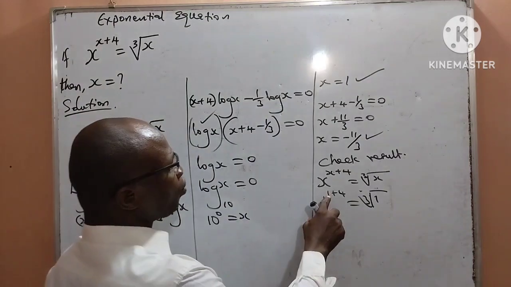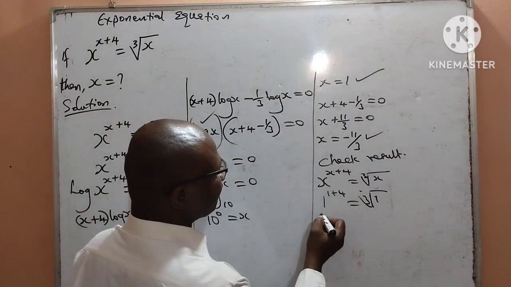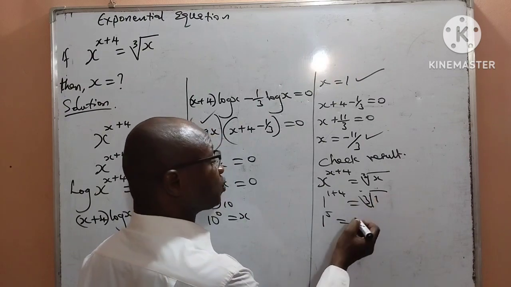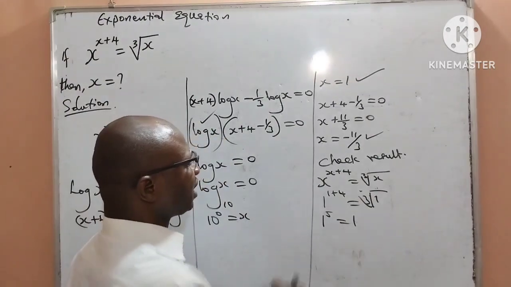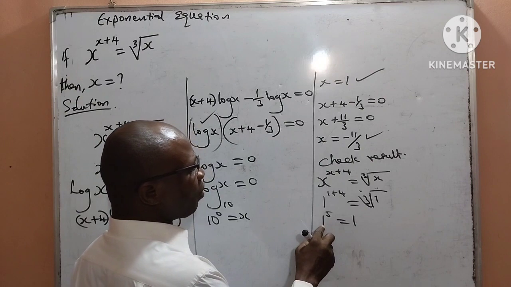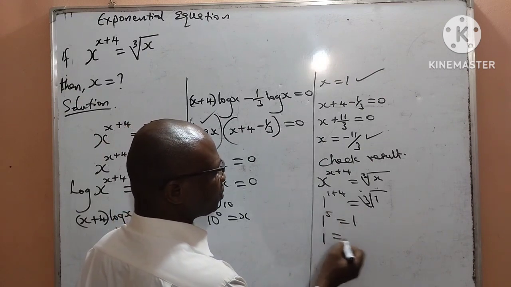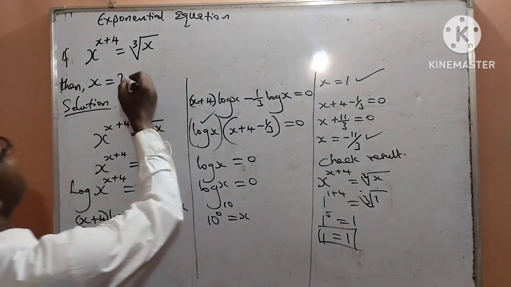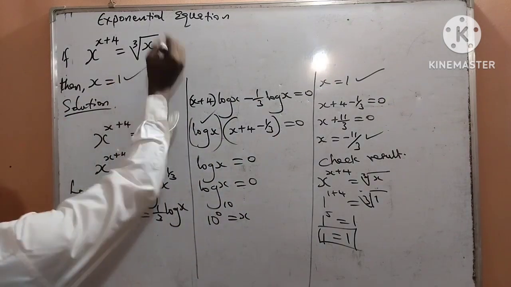But 1 plus 4 is equal to 5. Therefore, 1 raised to the power 5 is equal to the cube root of 1, and the cube root of 1 is 1. In conclusion, 1 raised to the power 5 is 1, which means 1 is equal to 1. Therefore, we say that the value of x here is equal to 1.